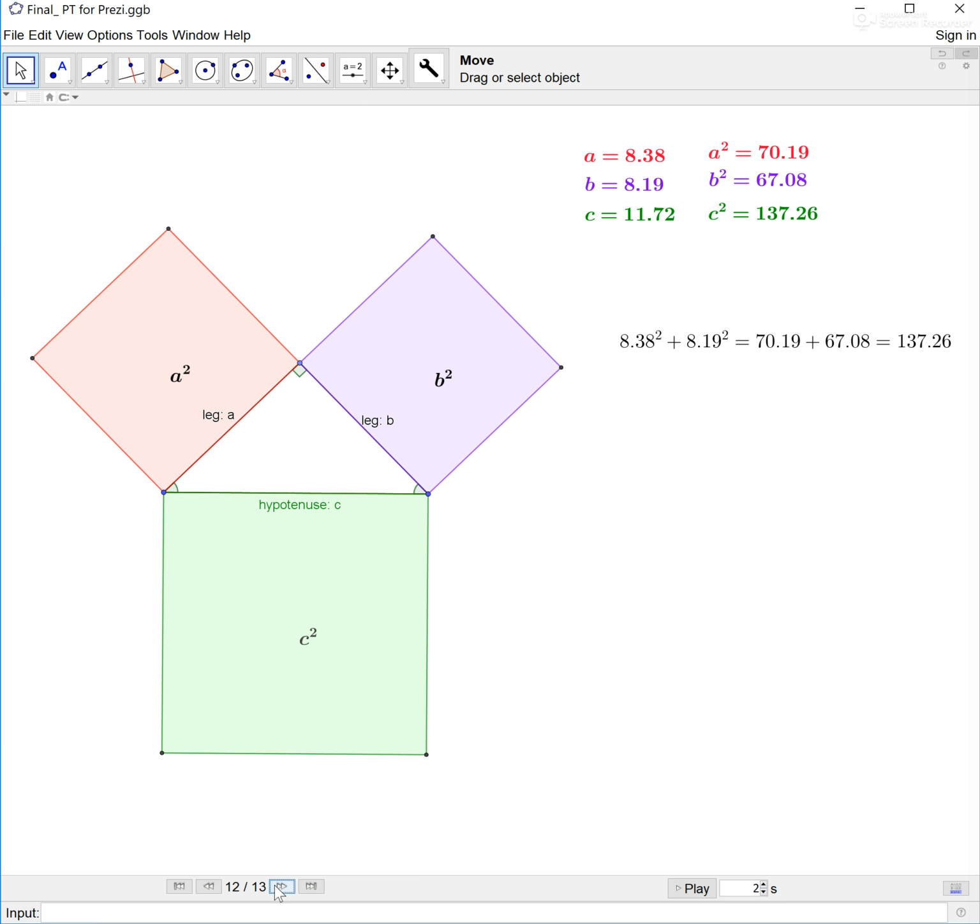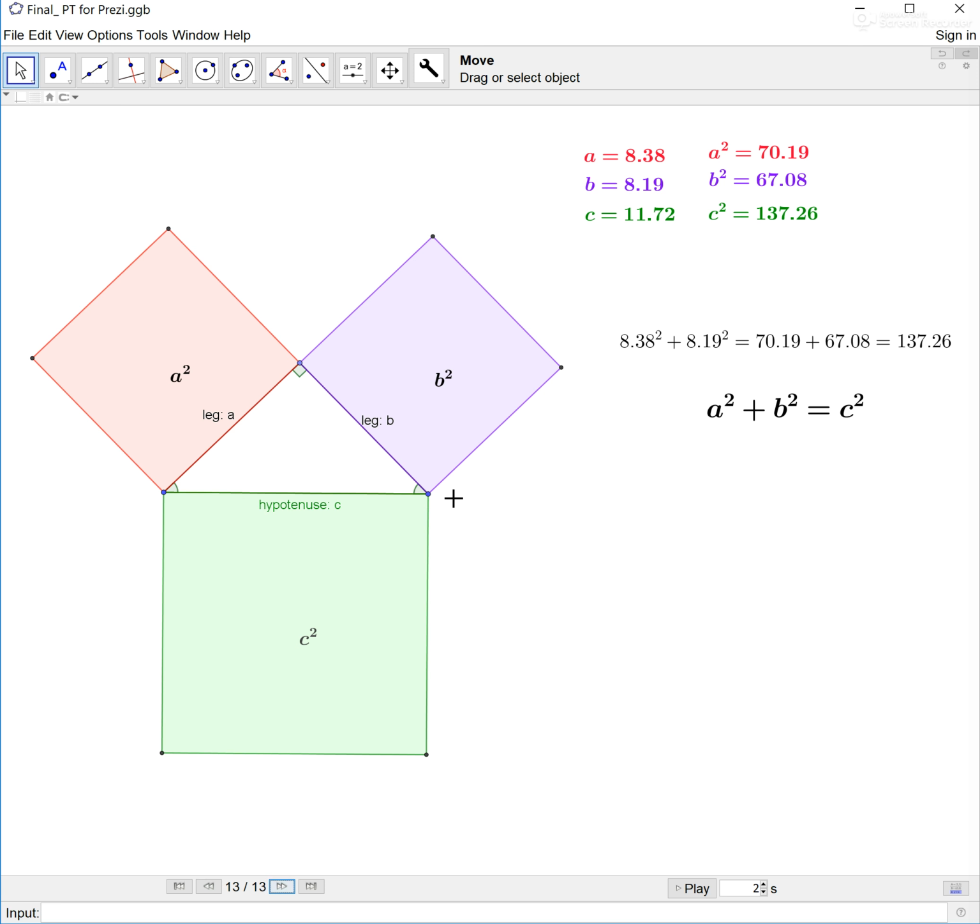Now, when we think back to our theorem, it says that a squared plus b squared is equal to c squared. This works for all right triangles. The area, or the length squared, plus the leg b squared is going to equal c squared for every right triangle.